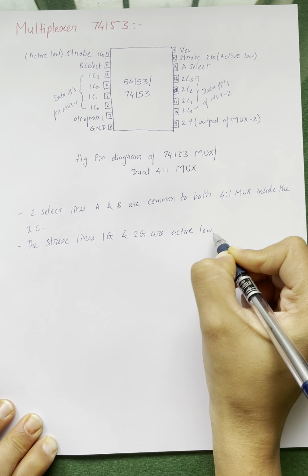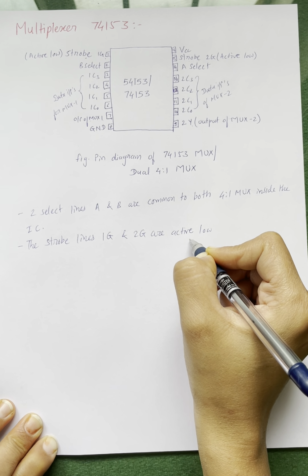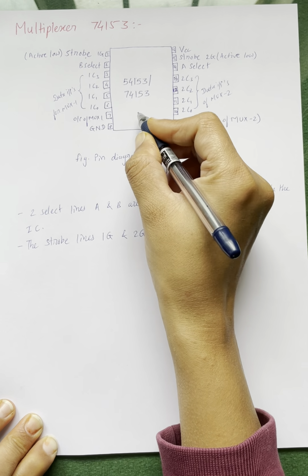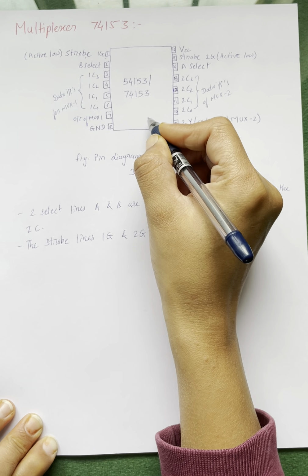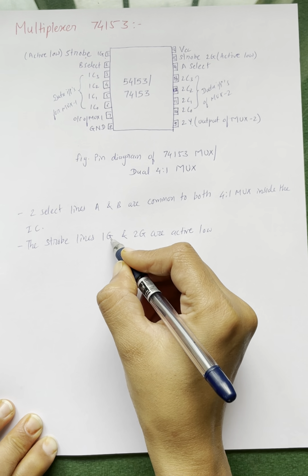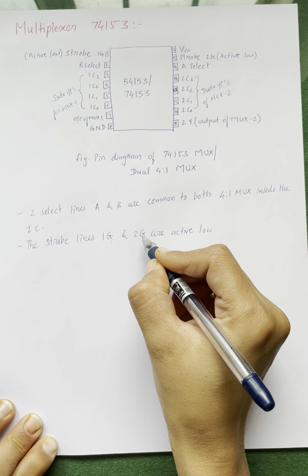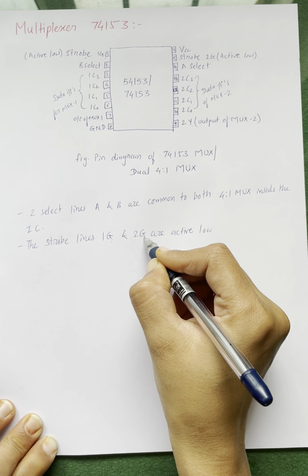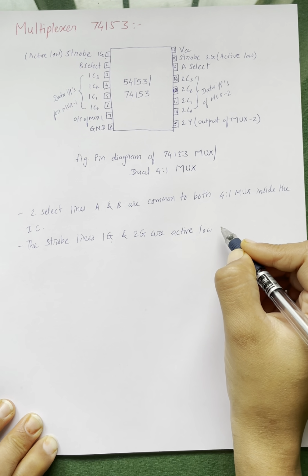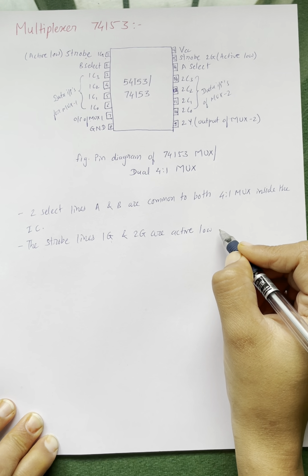This will change as per ICs. Here this 74153 IC will be active only when the strobe pin is low. That means the 1G and 2G strobe pins should be low, then only the IC will be activated and the operation will be performed.